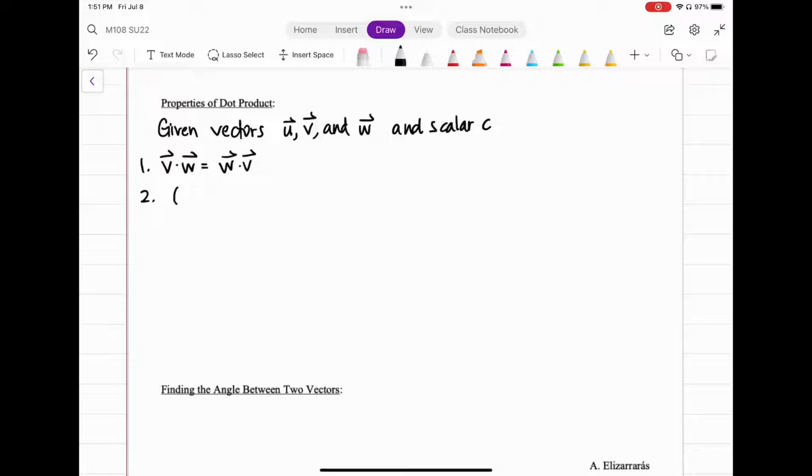When you have the multiplication of vector v times a scalar c times vector w, that's the same thing as that scalar c times vector v times vector w. Vector v times the sum of vector w plus vector u is the same thing as vector v times vector w plus vector v times vector u, essentially the distributive property.